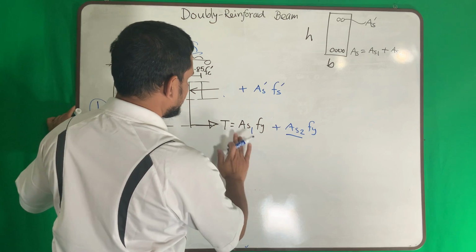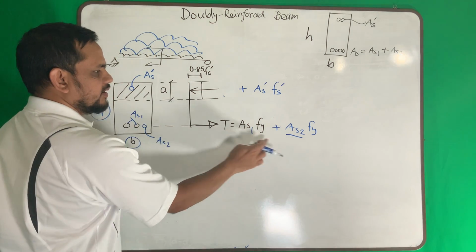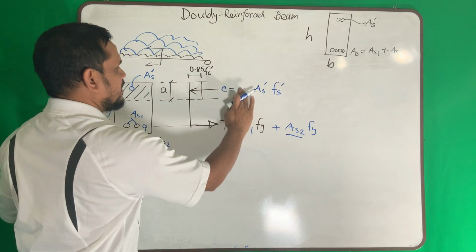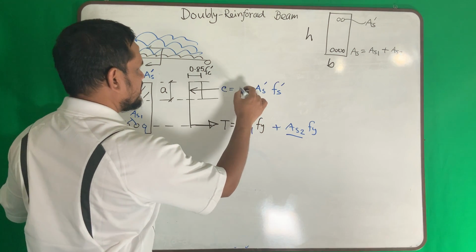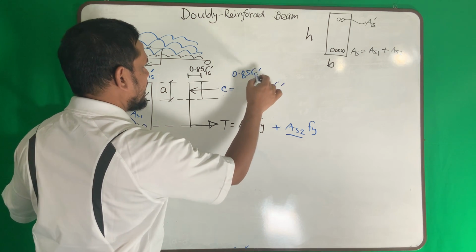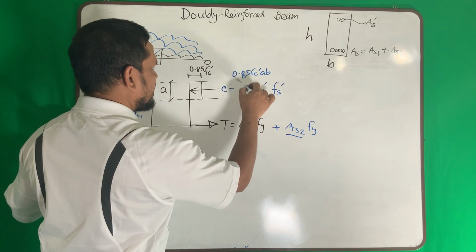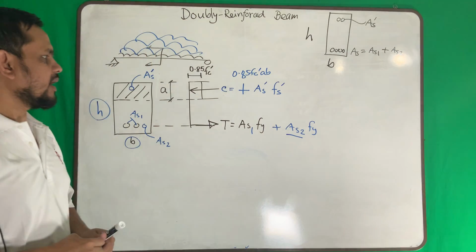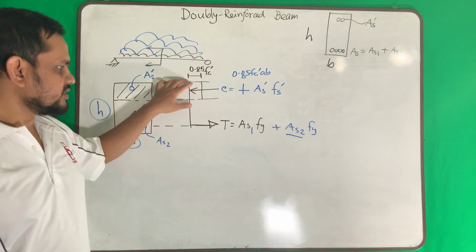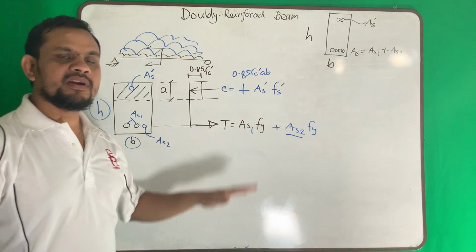As I am changing, my total T becomes now this. The total C will be my previous one, 0.85 f'c a b, plus I am adding more here. This distance I had previously. Now these two will be equal.